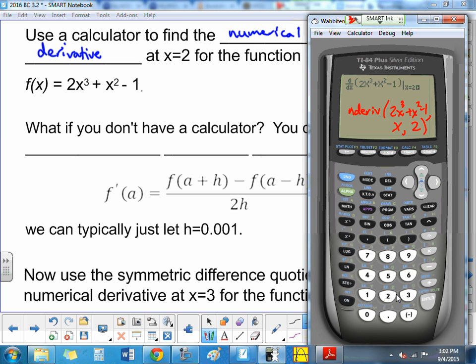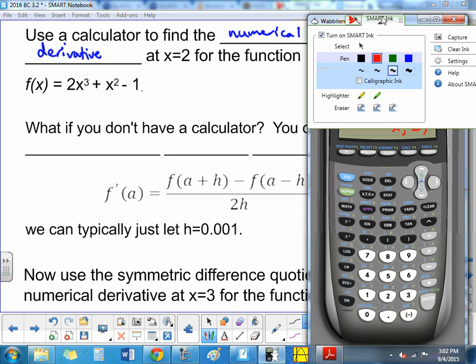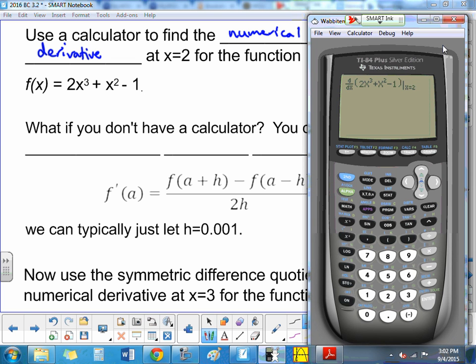That's how we type that. When you press enter, it will give you the result. 28. Notice it's not exactly 28, but f prime of 2 is approximately 28. The reality is that it is exactly 28. The calculator's having trouble knowing that it's exactly 28.